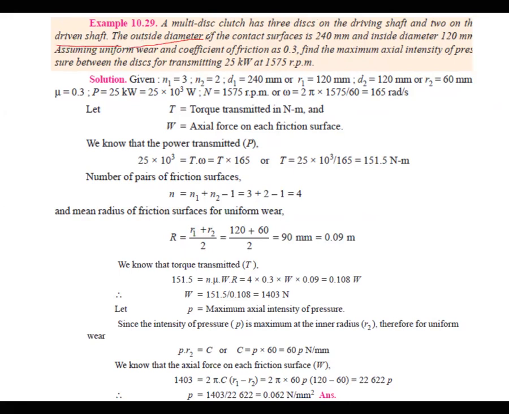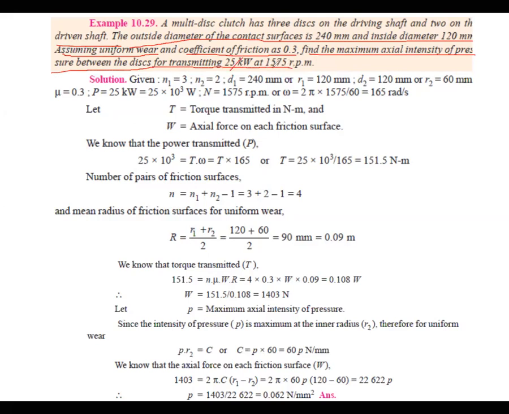The outside diameter of the contact surface is 240 mm and inside diameter 120 mm. Assuming uniform wear, the coefficient of friction is 0.3. Find the maximum axial intensity of pressure between the discs for transmitting 25 kilowatts at 1575 RPM.